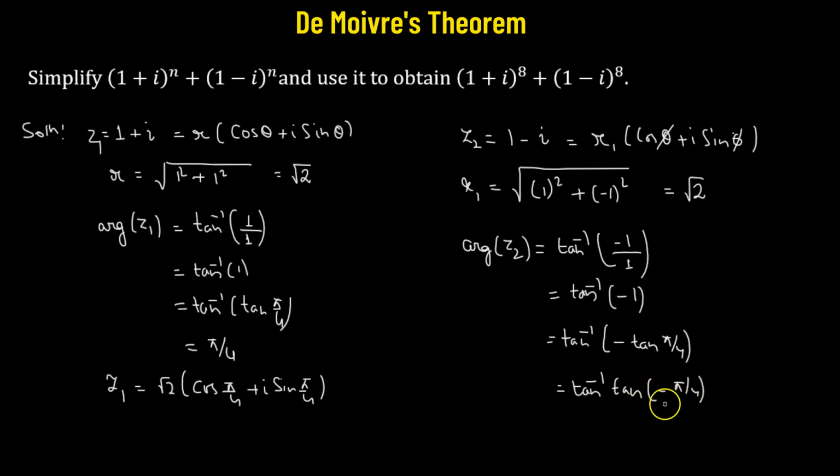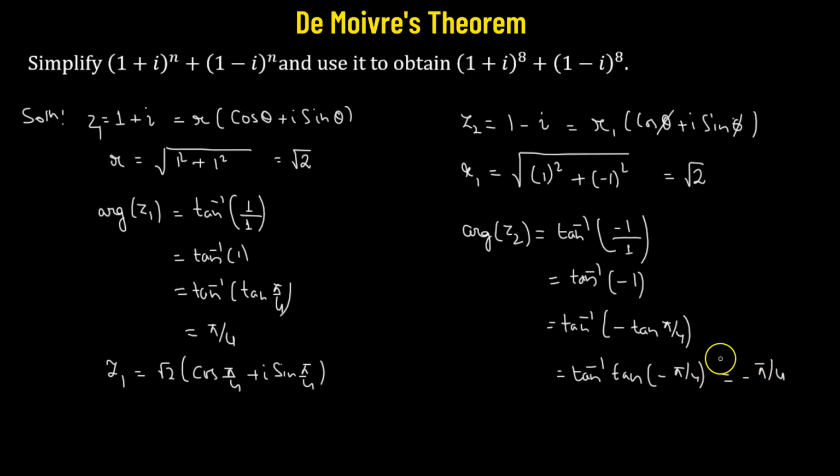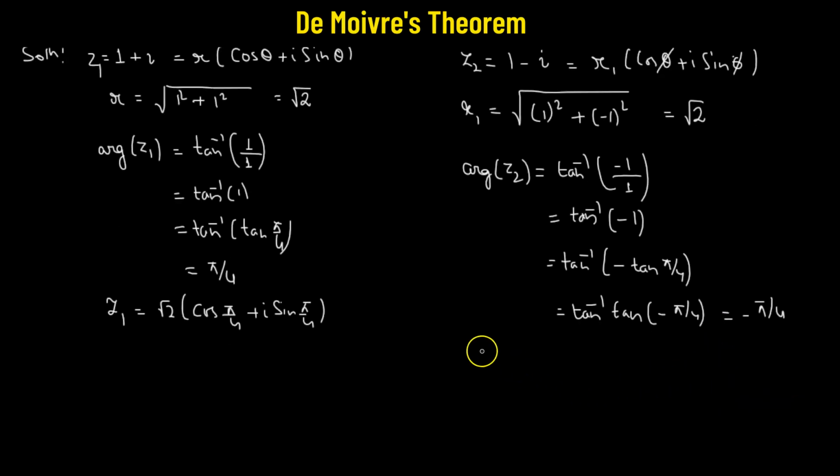The tan inverse of tan of negative pi over 4 is simply negative pi over 4, such that our complex number z2, when expressed in polar form, will be equal to square root of 2 multiplied by (cos of negative pi over 4 + iota times sin of negative pi over 4).